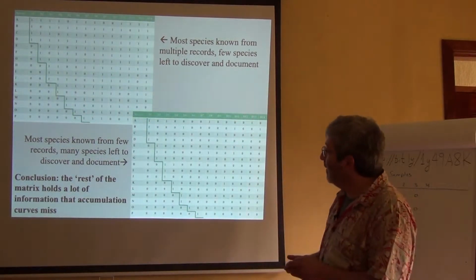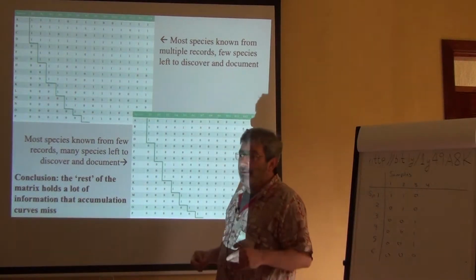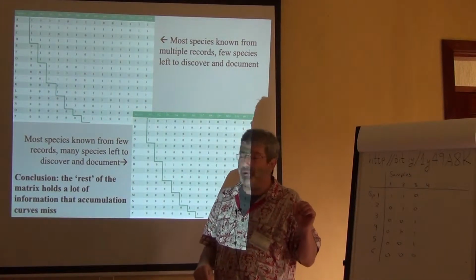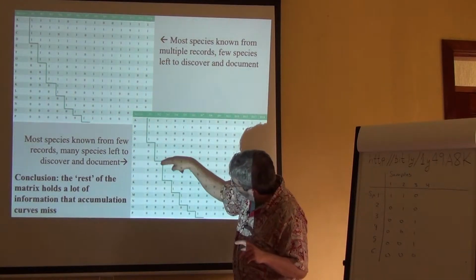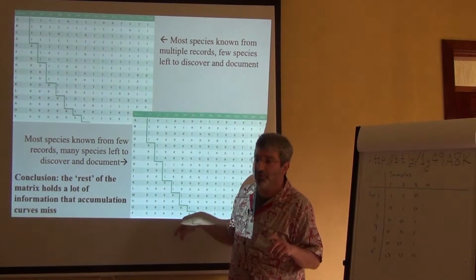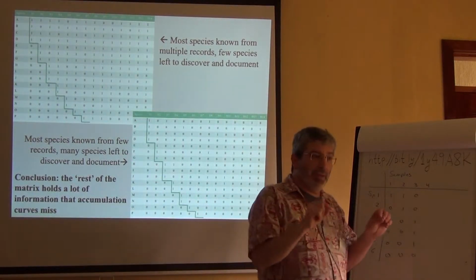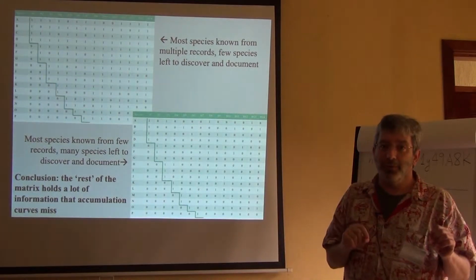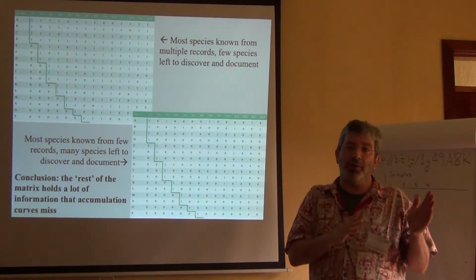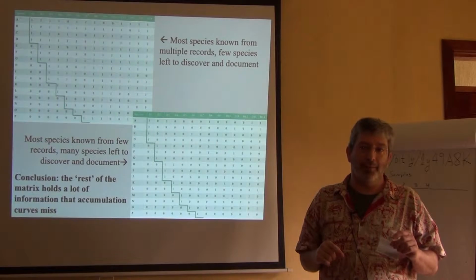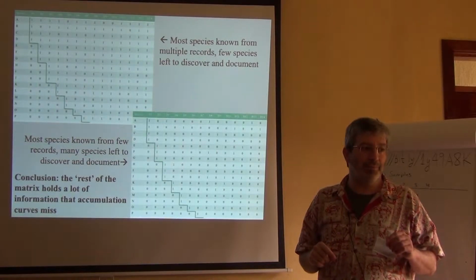So all I'm saying is that that species accumulation curve approach is only using this bit of the matrix. But these two matrices would get an identical result if you're just using the number of species discovered per day. Does that make sense?